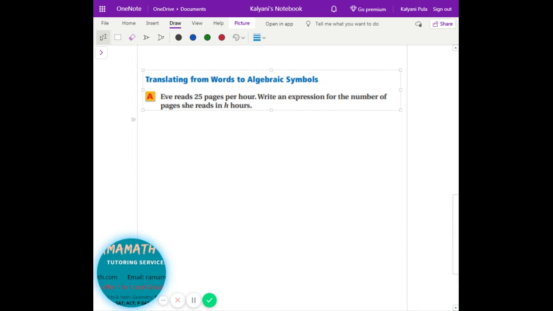Eve reads 25 pages per hour. Write an expression for the number of pages she reads in h hours. Okay, let's go ahead and write an expression. This one, we have a story in words. Now we have to write an expression for this. Here H is the letter, which is a variable, and we know 25 pages per hour.